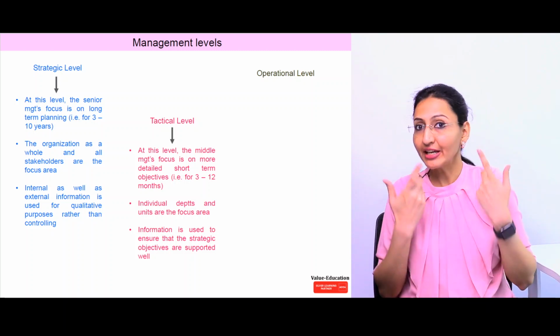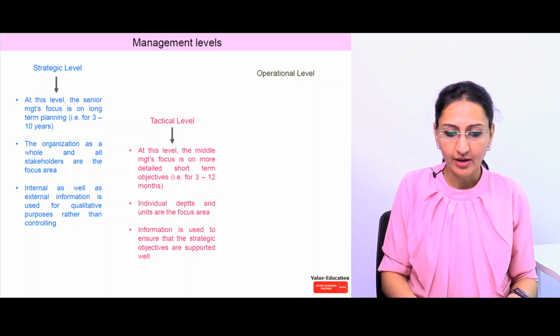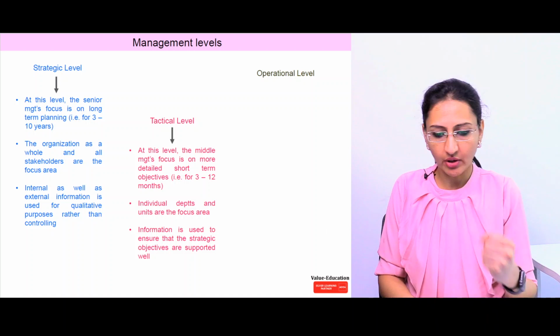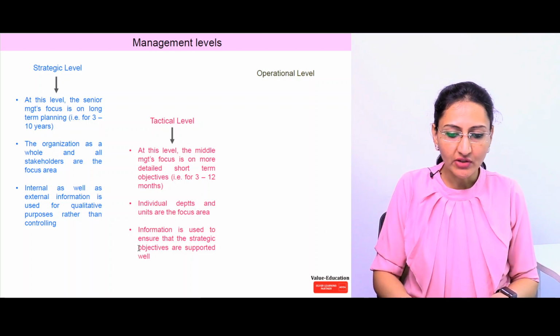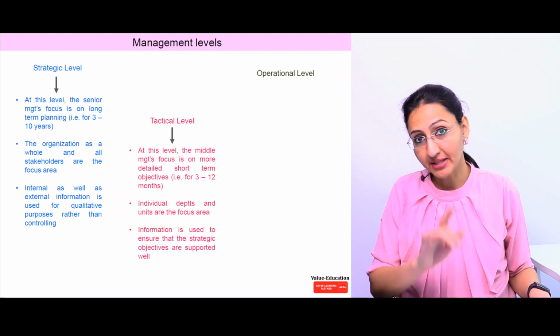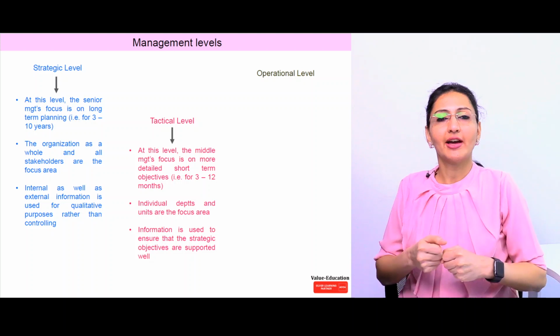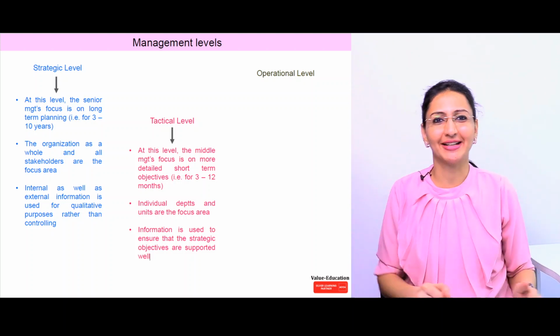He will be bothered if he and his team are achieving the targets. Then for them, what is the use of information? Information is simply used to ensure that the strategic objectives are supported well. That means whatever information they can extract, they just need to ensure that the main objectives are being met.